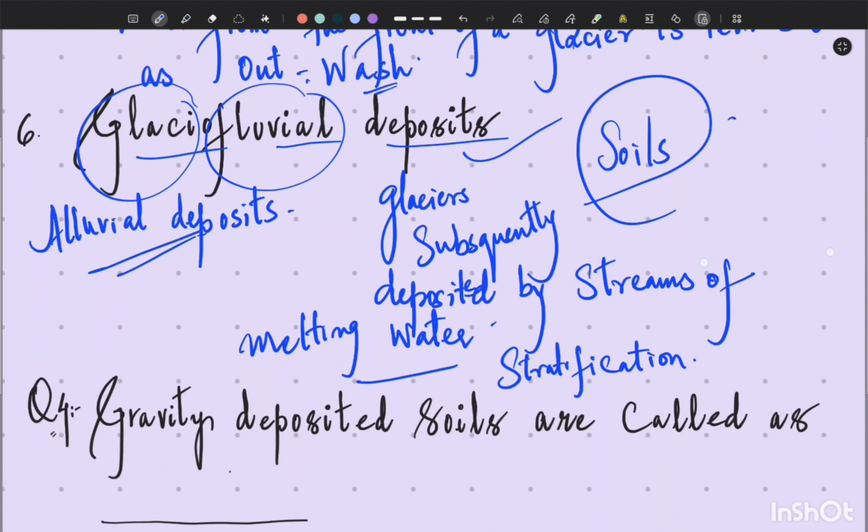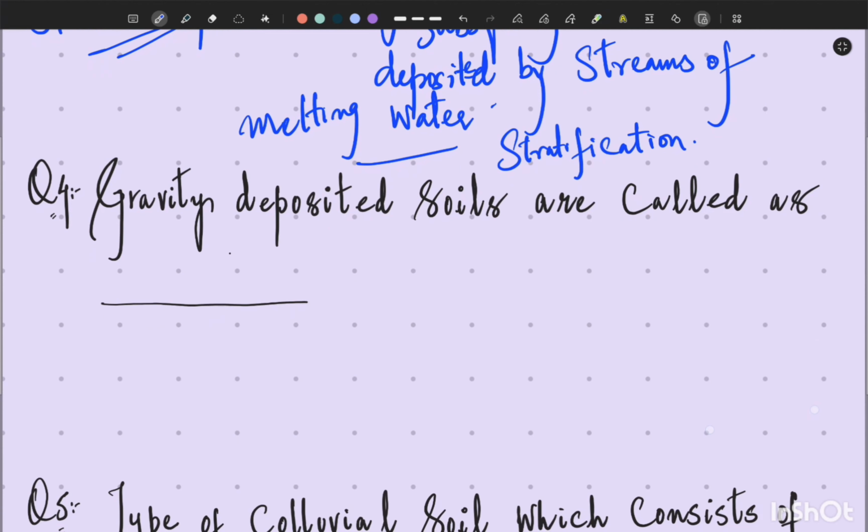All right. Moving further to question number 4. Question is, gravity deposited soils are called as? See, we know that water is an agency of transportation. So is the wind. So is glacier. And also one more important agency of transportation in case of transported soils is gravity. Soils do get deposited by gravity, and soils can be transported through short distances under the action of gravity.